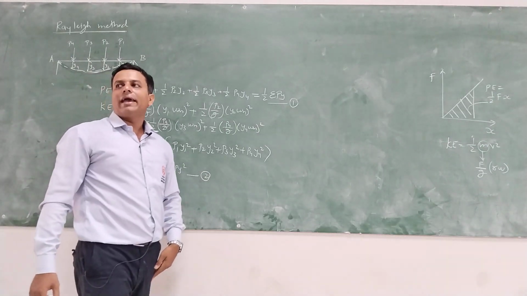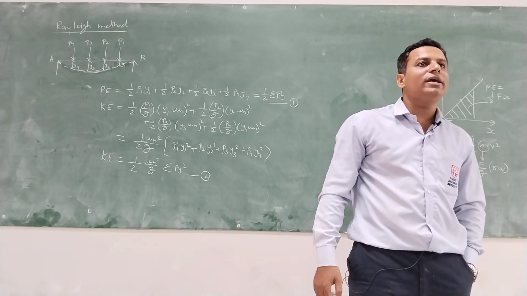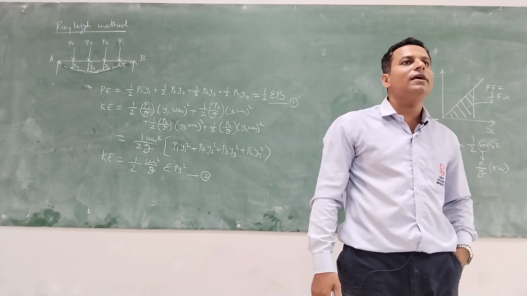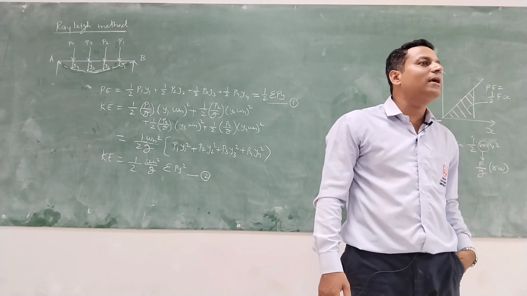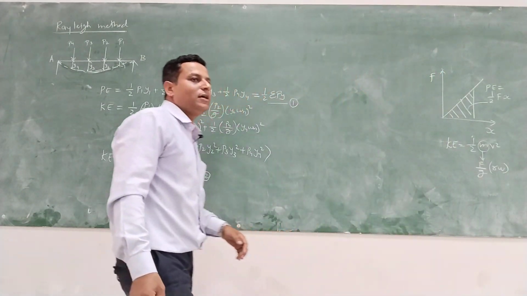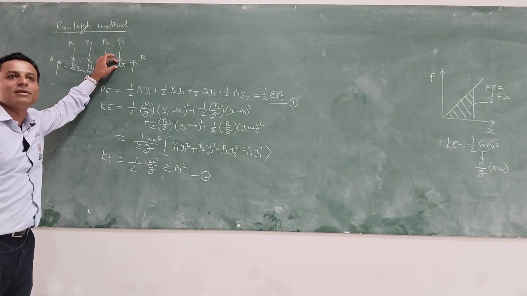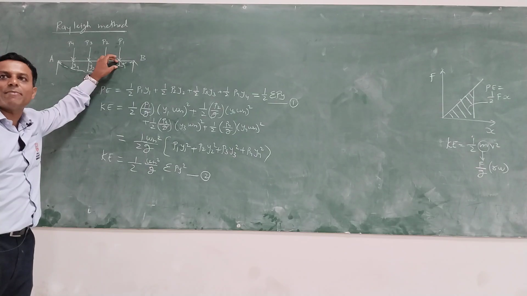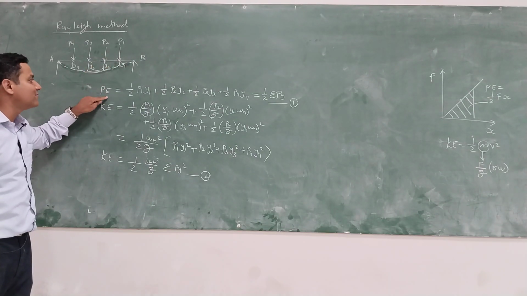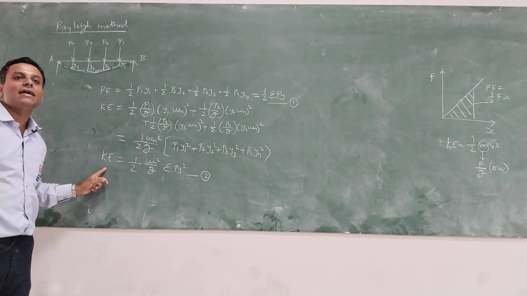But by energy theorem we know that the maximum potential energy will be equal to maximum kinetic energy, and whatever values we have taken here are for the maximum displacement. So when you consider the maximum displacement, then this will be the maximum potential energy and this will be the maximum kinetic energy.